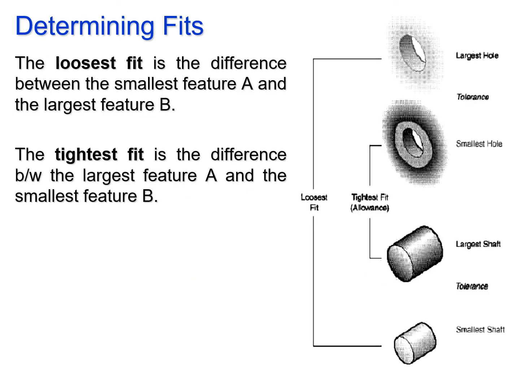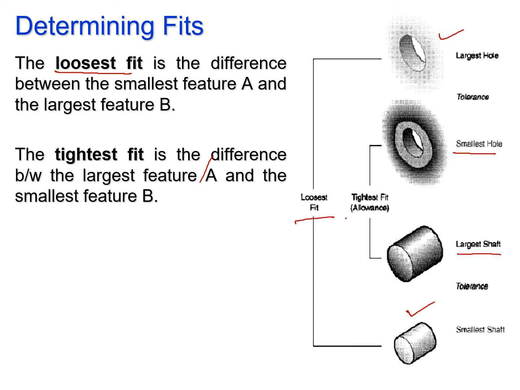Then to determine the fit, there can be two types of fits. One is the loosest fit. The loosest fit is between the smallest shaft and the largest hole. And the tightest fit is between the smallest hole and the largest shaft.